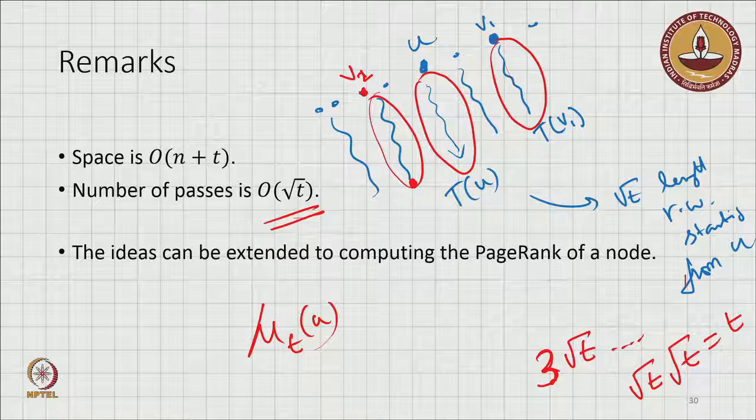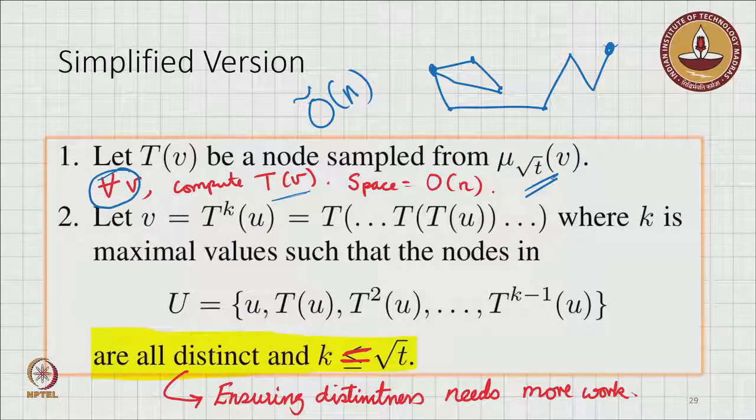This line represents the stitchings that happened, but as we stitch, we should be going to distinct vertices and collecting short walks from there. If that is not distinct, we will run into trouble because we cannot reuse the same short walk twice. There is a little bit more work that can be done to avoid that issue.